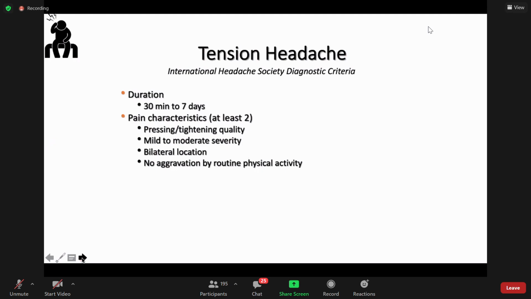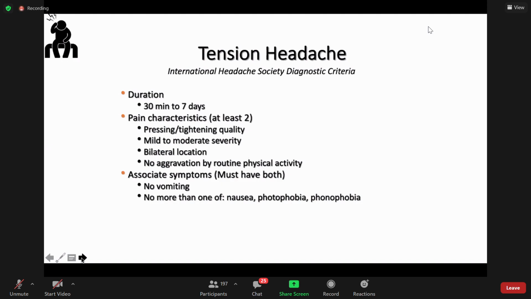The patient may call it like there is a band around the head. It is usually bilateral. It's not aggravated by physical activity. You ask the patient, can you continue working? Yes, I can continue working, but it's very bothersome. There is no vomiting with it, and no more than one of either nausea, photophobia, or phonophobia.